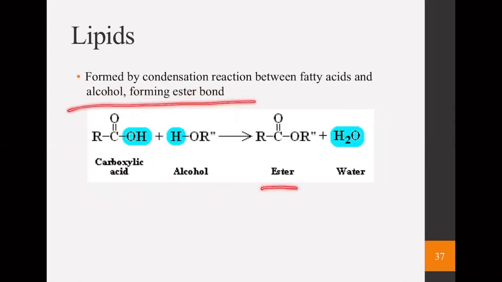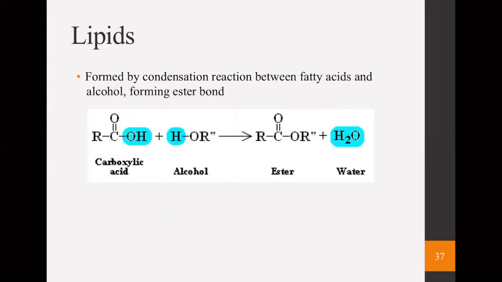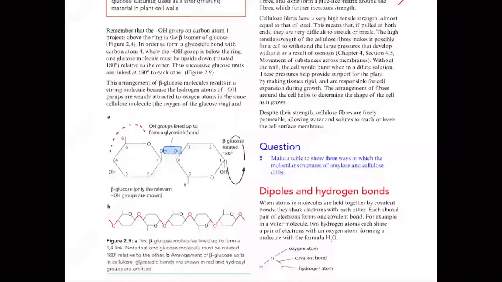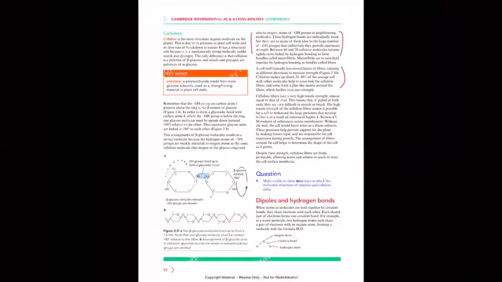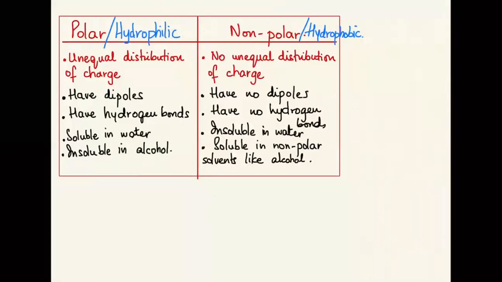Over here, this reaction might look very, very confusing, and since this topic has been revised a bit, by revised I mean presented in a little different manner as far as the new year syllabus is concerned, I would like to go back to your textbook to show you about lipids. Okay?